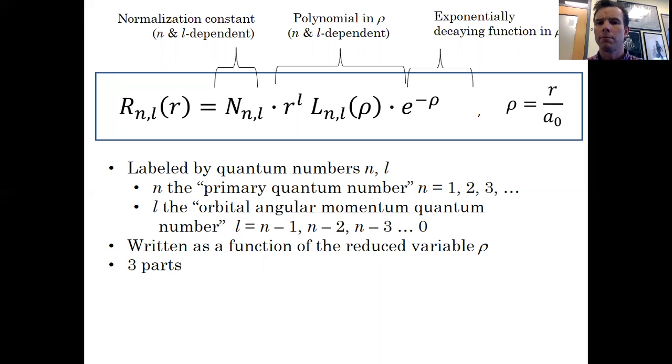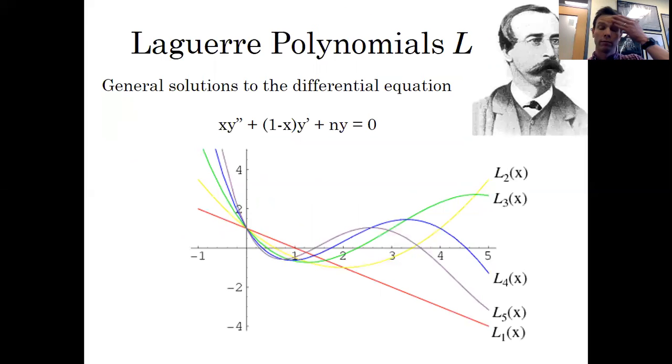What is this polynomial L? Well, in the case of the harmonic oscillator, we had Hermite polynomials. In the case of the rigid rotor, we had Legendre polynomials. In the case of the hydrogen atom, we have Laguerre polynomials, capital L. So Laguerre polynomials are solutions to this general differential equation. They look like this. They have this indexed form.